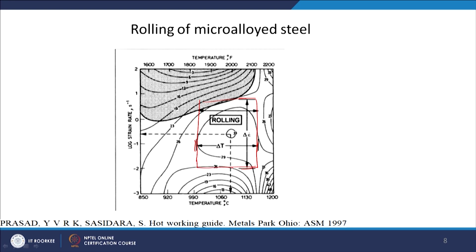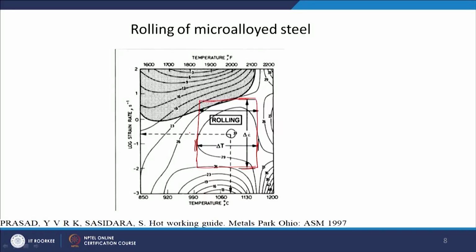You can also understand that when you are doing any operation, unlike a laboratory experiment, the strain rate and temperature keep changing during the deformation process, because these are sometimes continuous deformations. So, I have to have a large window in which I can do the rolling process or any deformation process.